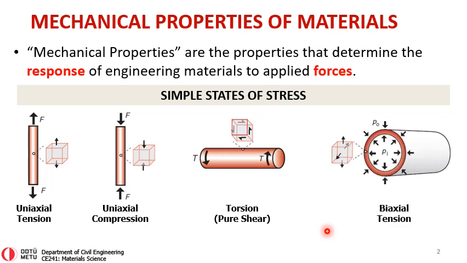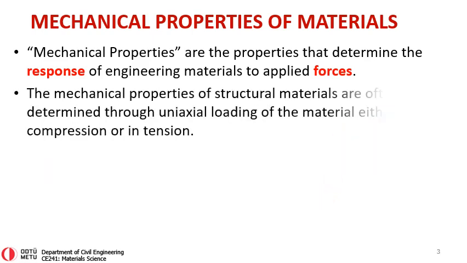Or sometimes if we apply a pressure inside this rod or chamber, let's say, we will be seeing a biaxial tensile type of stress. And the mechanical properties of structural materials are often determined through uniaxial loading of the material, either in compression or in tension.